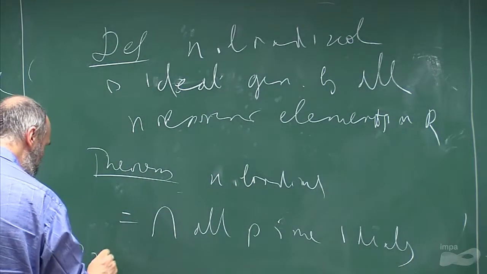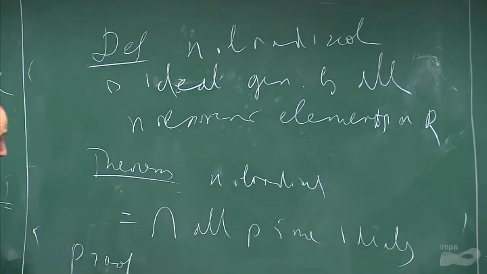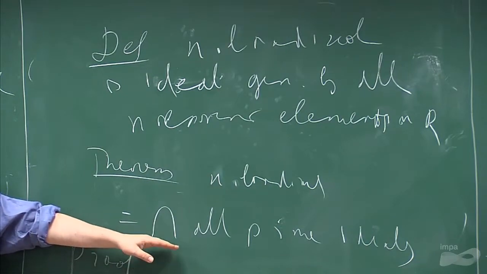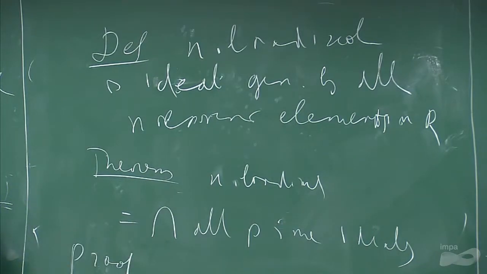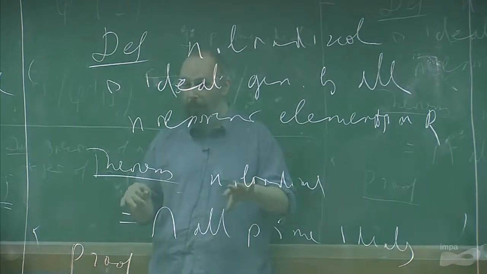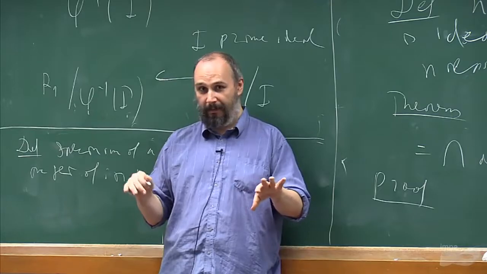The proof is simple. First, if you have a nilpotent element, it cannot be outside of a prime ideal. What is a prime ideal? It's an ideal such that if you multiply any elements outside of this ideal, you obtain something outside of this ideal. You can't have nilpotents outside because the power of a nilpotent is 0. So nilpotents belong to all prime ideals. Am I clear?